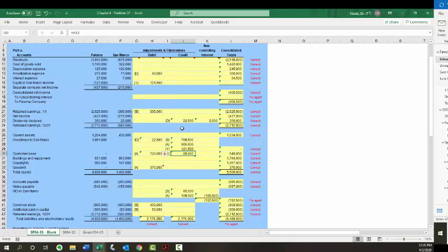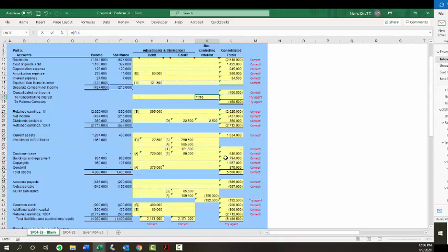That's the SADI entries. The last thing you need to do is attribute consolidated net income to the non-controlling interest here. And what that is going to be is the income from the subsidiary, which is in cell F16, minus the amortization.